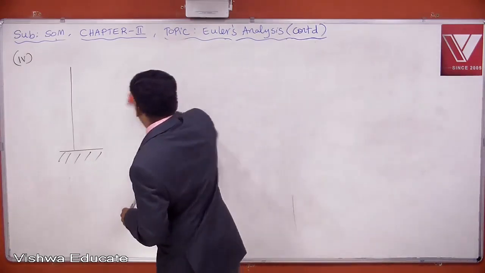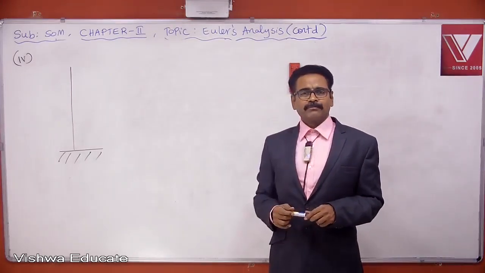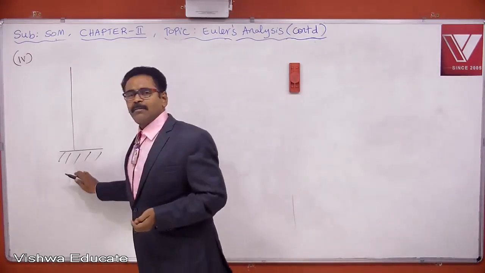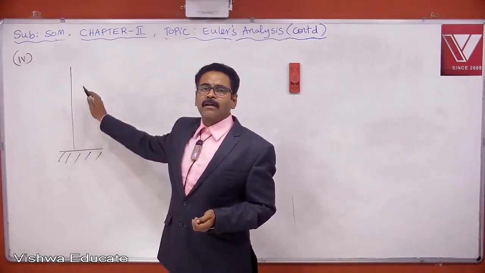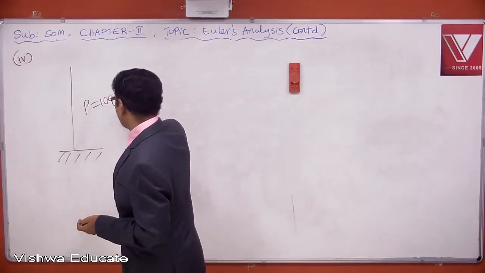What kind of questions may come in the GATE exam on this topic? Standard question: a column is fixed on one end, free on other end. Critical load is equal to 1000 newtons, for example.